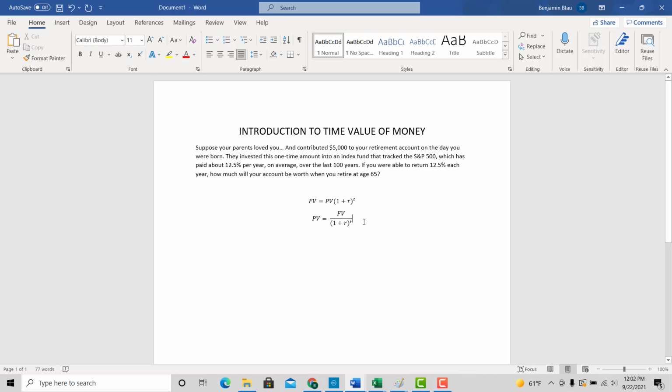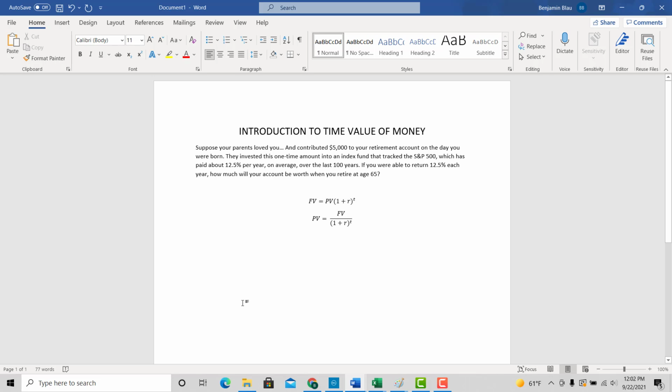Now I'm going to take this first equation again and solve for R. This gets a little messy here. I'm going to divide both sides by the present value. And then to get t down here, I'm going to have to raise both sides of this equation by 1 over t.